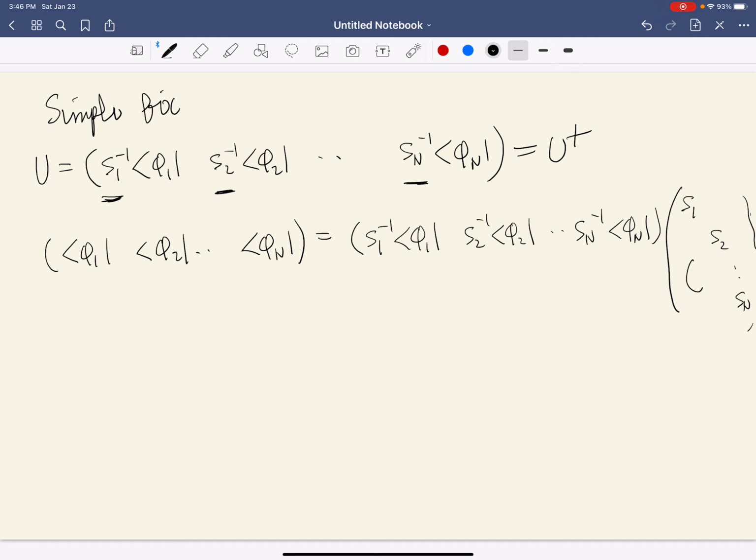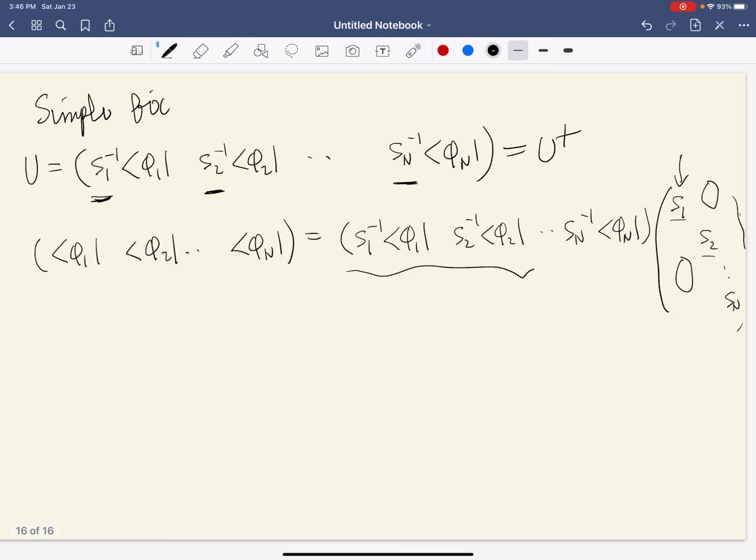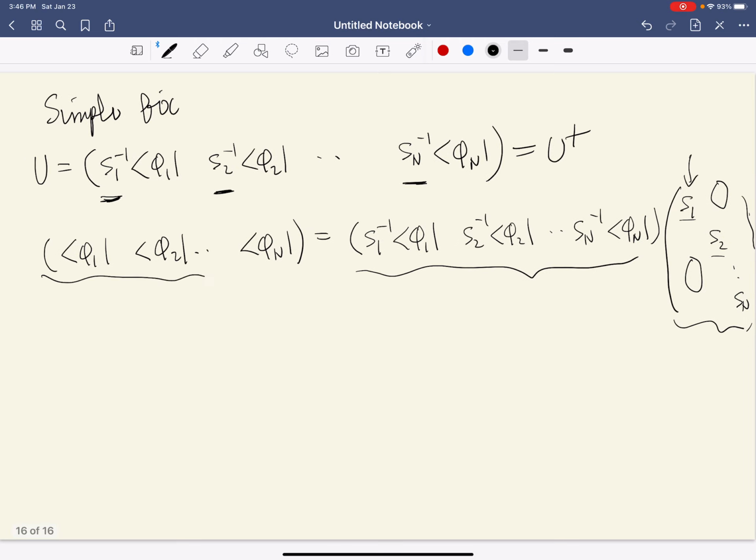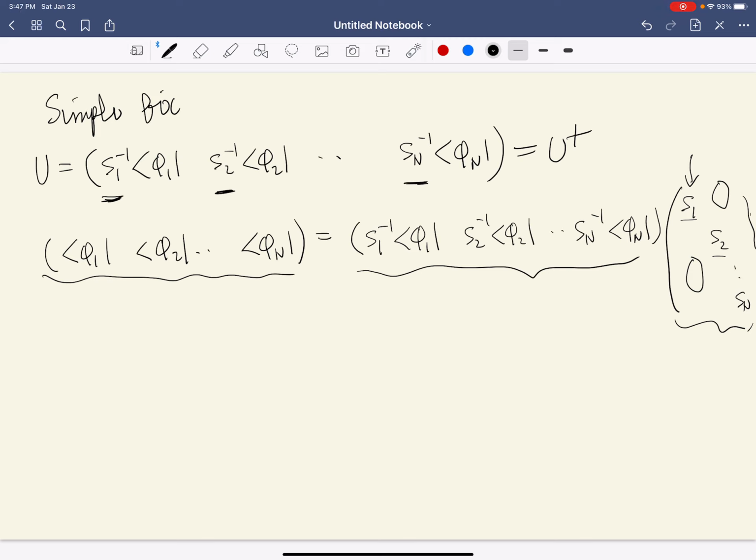So what shows up here is a diagonal matrix whose diagonal elements are these singular values, but without the square. If you take the product of this with that, then you get that.